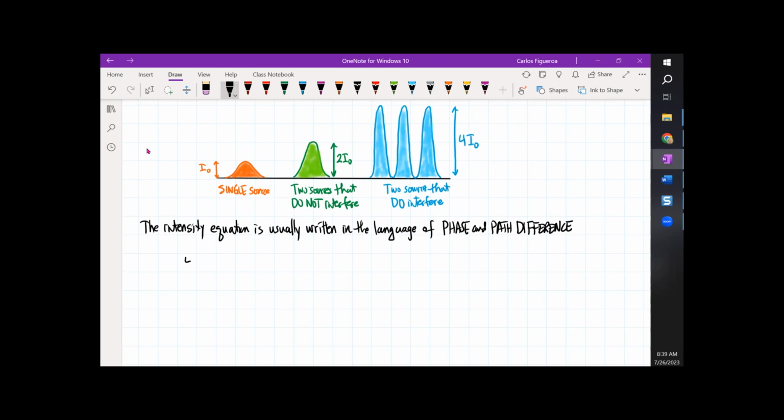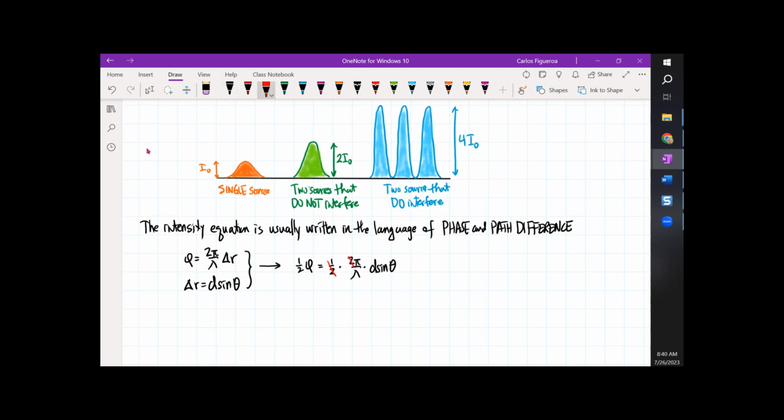So if I look at my phase, then this is 2 pi over lambda times delta r. And then I know that my path difference is d sine theta. So if I put these all together, I can rewrite the phase as 1/2 phi. Then I'm going to get 1/2, and then 2 pi over lambda times delta r, but delta r is d sine theta.